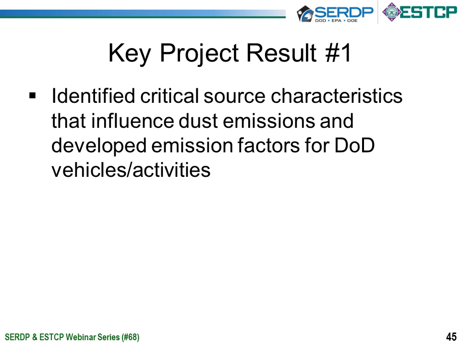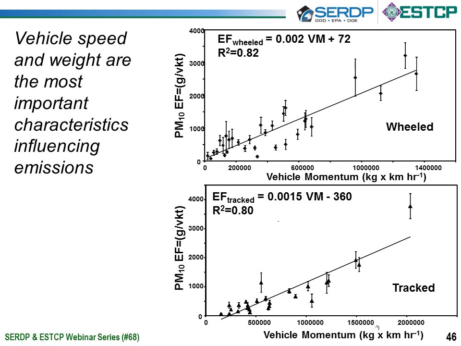And for example, after measuring emissions from various sources like low-level helicopter flight, artillery backblast, and a number of other things, we came to the realization that the tracked and wheeled vehicles were probably the most important source on a military installation during the testing and training activities.